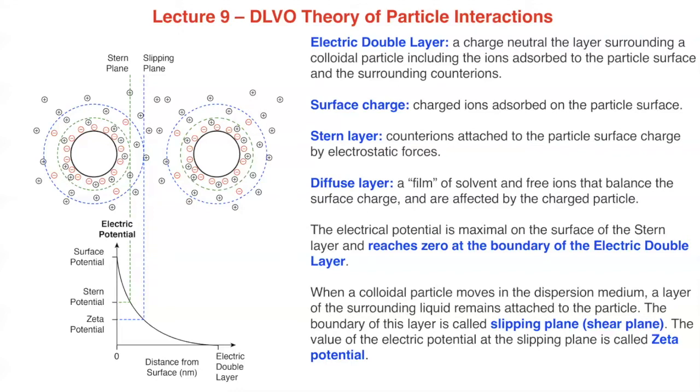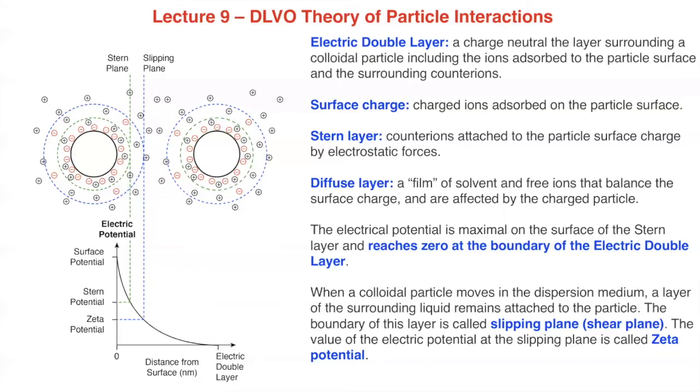And then as you move further away from the particle, the charges become less and less tightly bound, you start approaching what's called the slipping plane. Slipping plane helps you understand how this object moves in solution. So the particle with all of its associated ions diffuses in the medium, and it carries with it some fraction of those ions and the solvent that is associated with them.